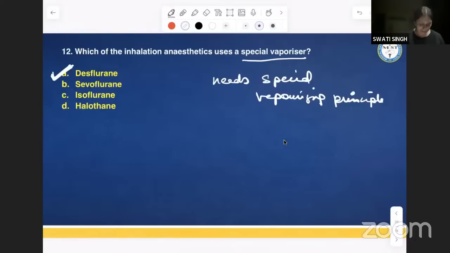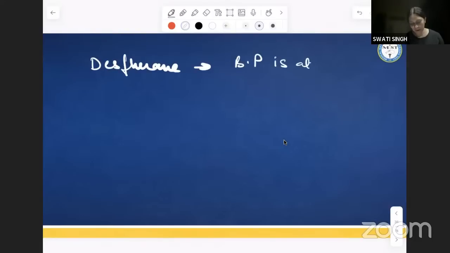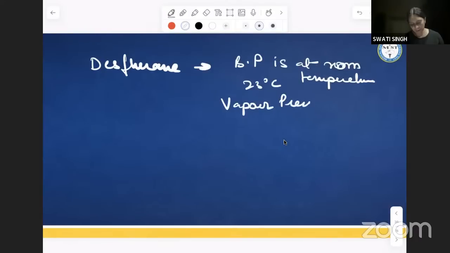Desflurane has 2 unique properties. Number 1, its boiling point is at atmospheric pressure, at room temperature. It boils at 23 degrees Celsius. And its vapor pressure is also very high.